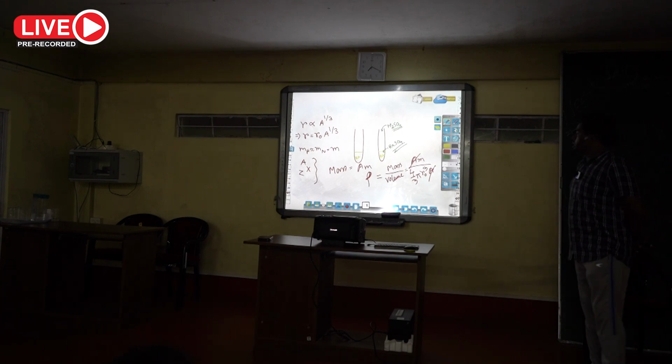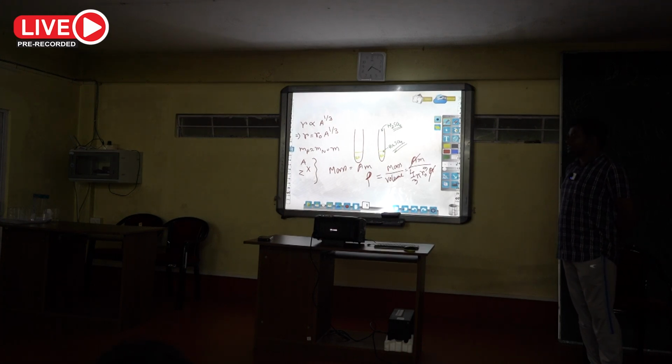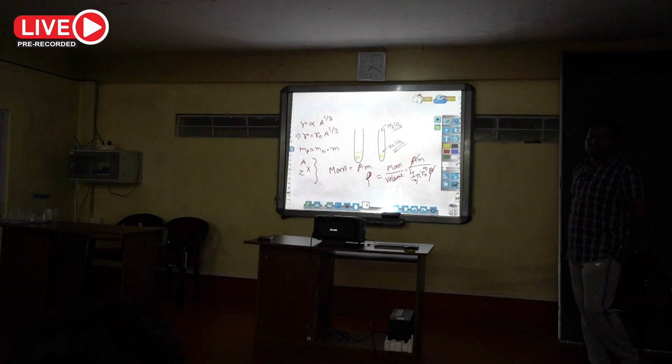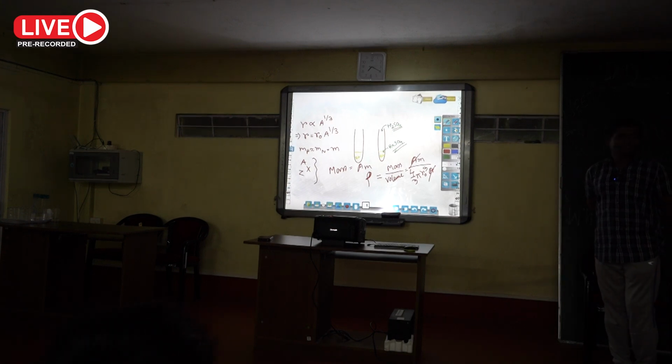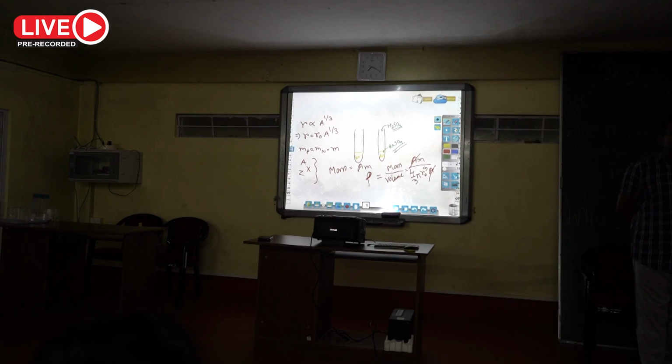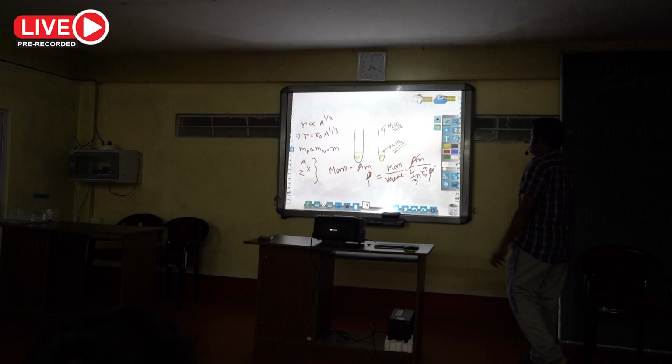Because see, the entire term in the density is now constant. A is cancelled. So small m, the mass of the nucleon, is constant. R0 is constant. 4/3 pi is also constant. So the density of the nucleus will become constant.